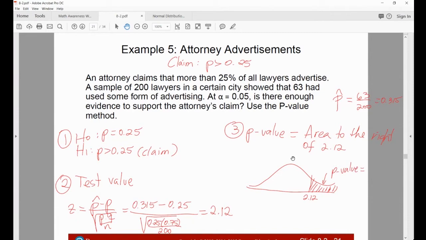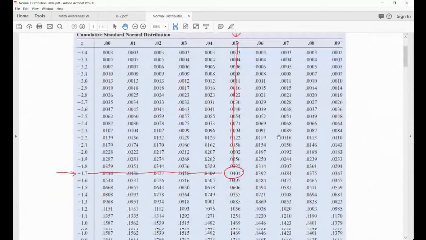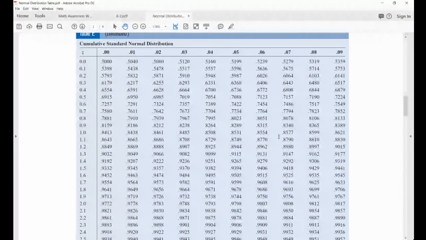So we're going to use table E, but in table E, we only have areas to the left. So in table E, we're going to find the area to the left of 2.12. So 2.12 is here. So 0.9830 is the area to the left of 2.12.